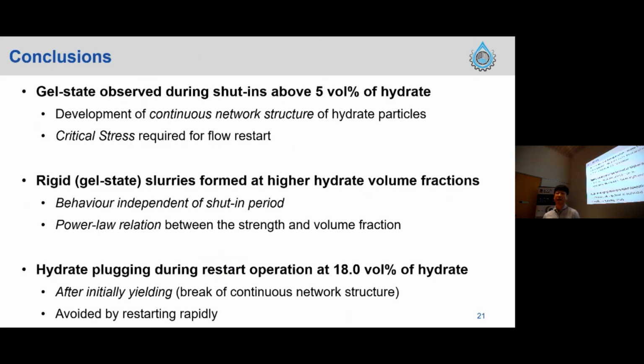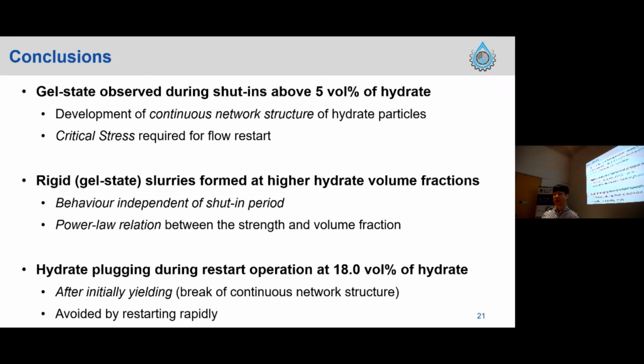So in this work, in conclusion, a flow loop experiment was conducted, and the hydrate slurries turned to a gel state during shut-in operations at above about 50 volume% of hydrates. We observed development of a continuous network structure of hydrate particles and the critical stress required for flow restart. The gel state hydrate slurries became more rigid at higher hydrate volume fractions, but this was independent of shut-in period.